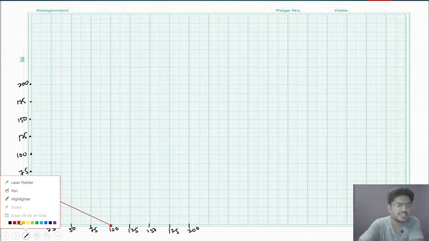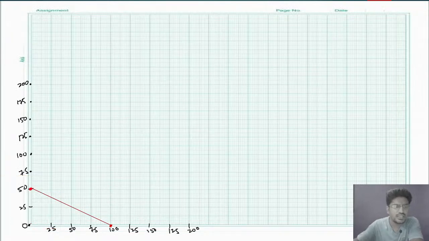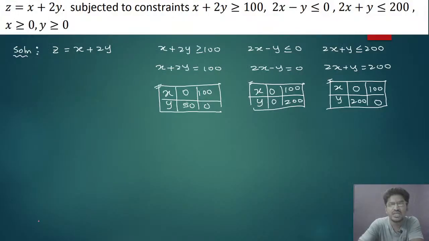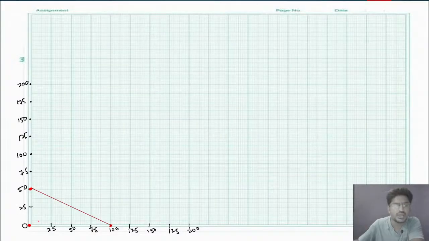You can take the second point, that is x is 0, y is 0, that is the origin point, and another one is x is 100, y is 200. Therefore, this is the point.